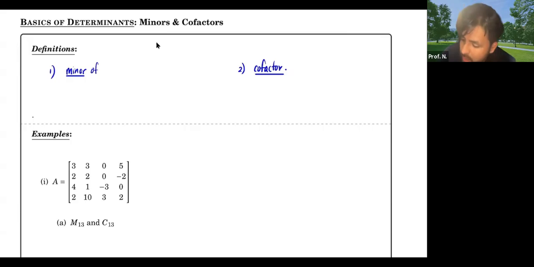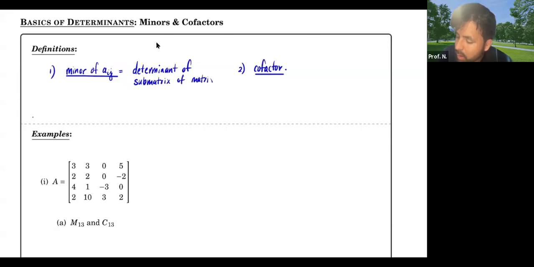of A sub ij, so the minor of entry A sub ij of your matrix is equal to the determinant of the submatrix of matrix A without row i and without column j.